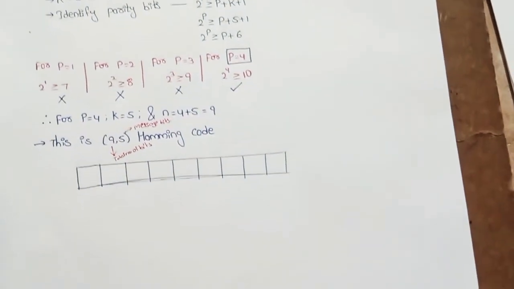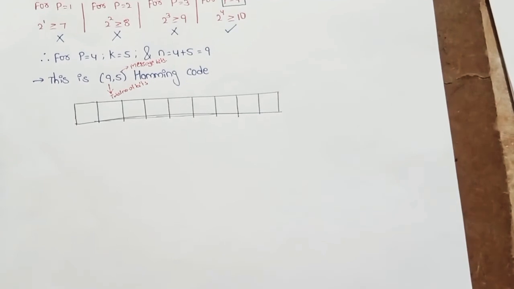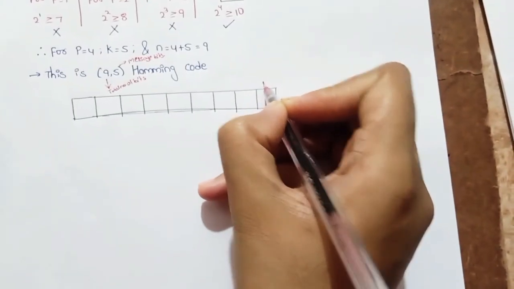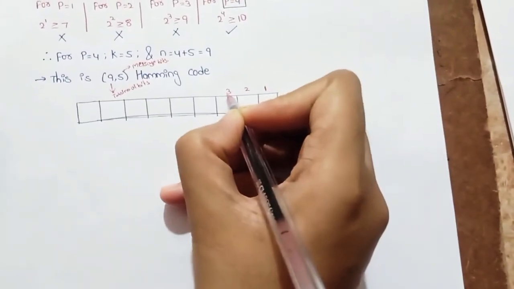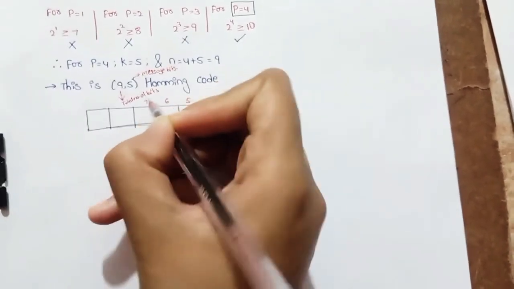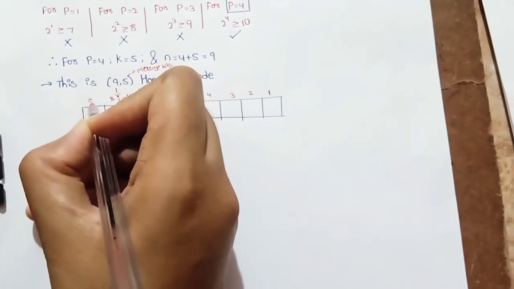Now we need to represent 9 bit of Hamming code. Let me represent this. Make a notation as 1, 2, 3, 4, 5, 6, 7, 8 and 9.